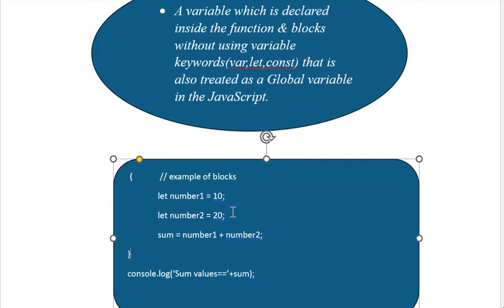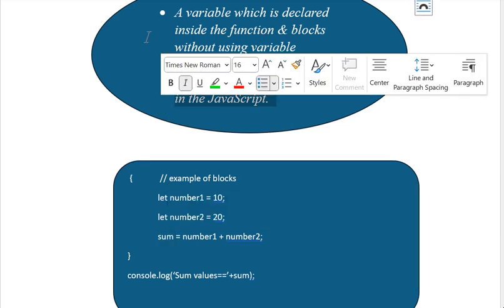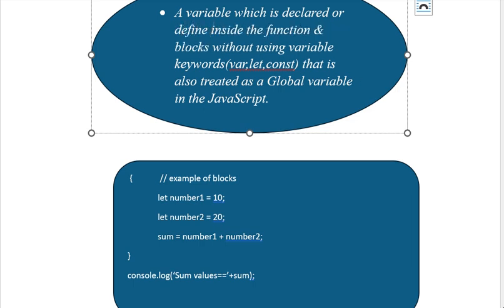So in the definition, a variable which is declared or defined inside the function or inside the block without using a variable keyword, meaning var, let or const, is also treated as a global variable.